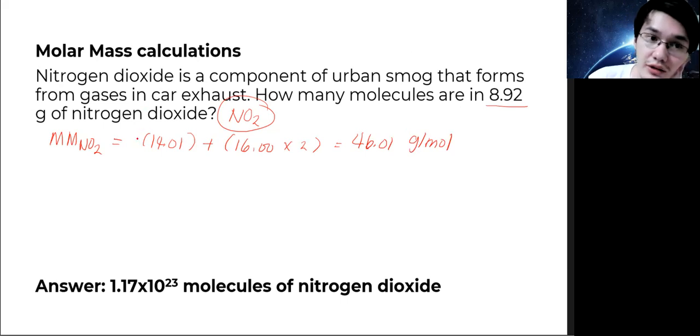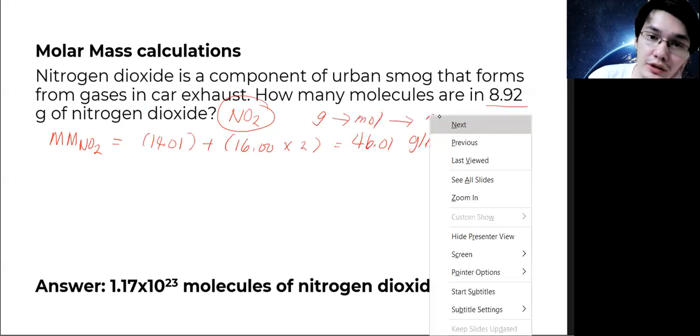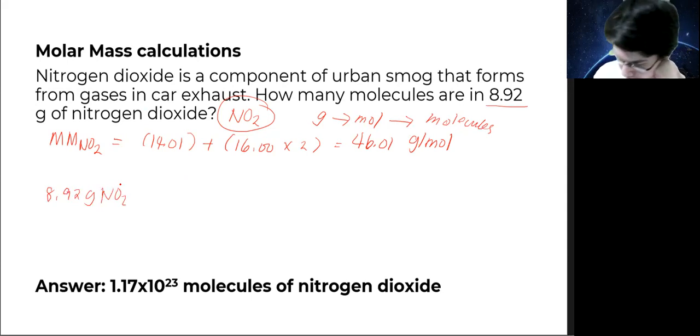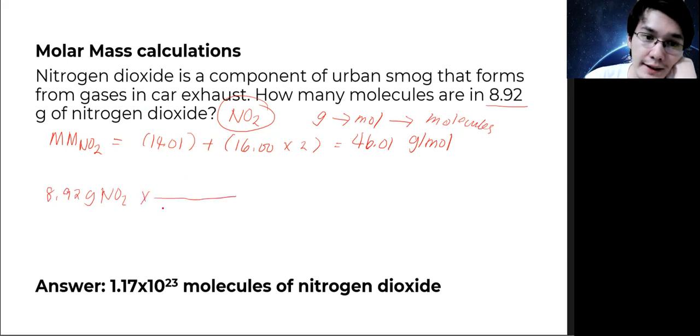Then we make use of that to convert grams to moles. Then moles to molecules. So 8.92 grams nitrogen dioxide times this quantity per 1 mole of nitrogen dioxide.